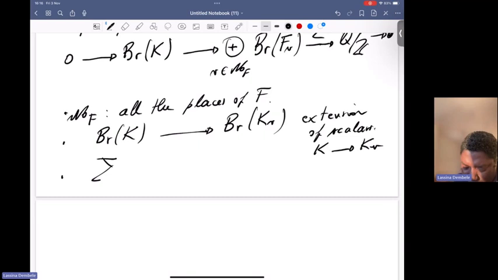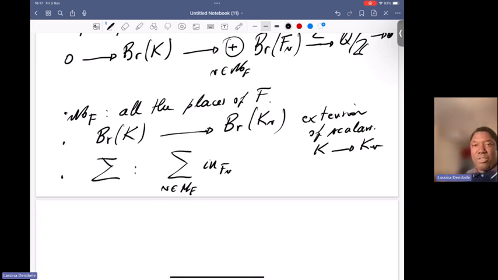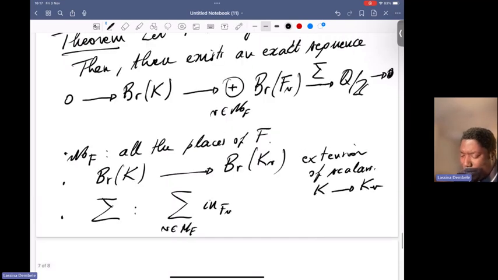And then sigma is basically the sum of the invariants of each local field. The key thing is that only finitely many of those invariants will be non-zero. So the map to Q mod Z makes sense.